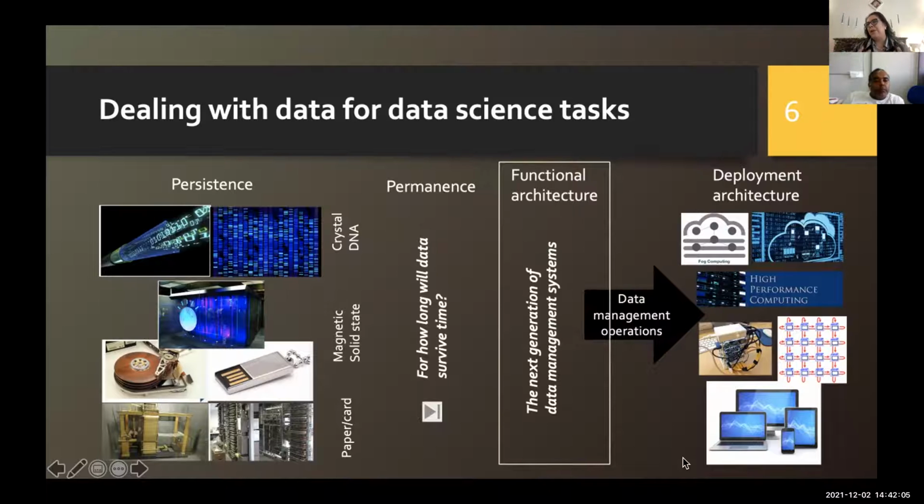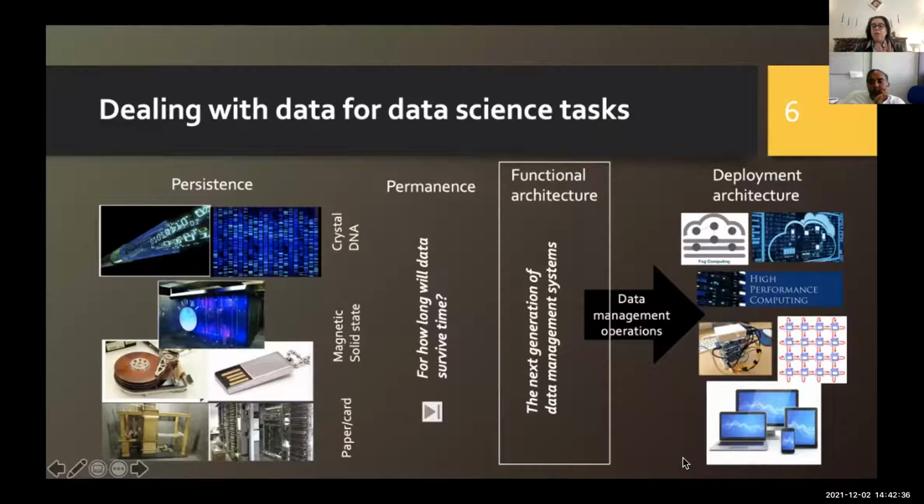Or can we get rid of some data? Or can we identify some ways of representing data in intention, such that if we need the data, we reproduce the data, but as long as we do not need it, we keep it represented in intention. So permanence is all about how long do I want cold data to live across time.